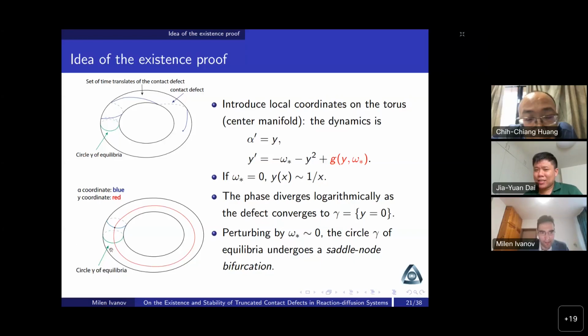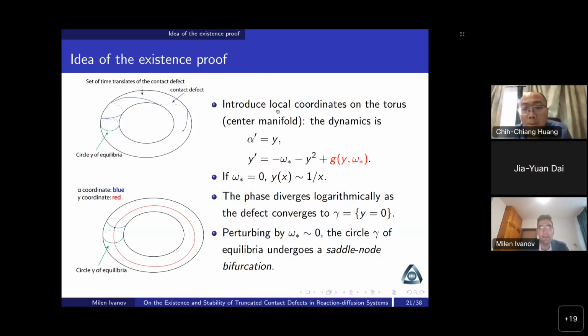But near the equilibrium, we have the equation alpha prime is y, and y prime is minus omega star minus y squared plus higher order terms, which for the purposes of this talk you can forget about. Just think of minus omega star minus y squared.